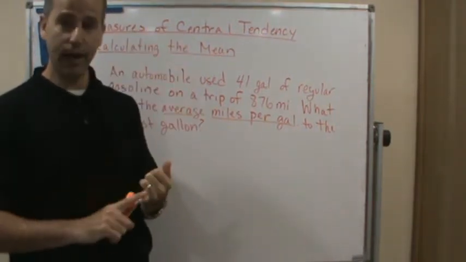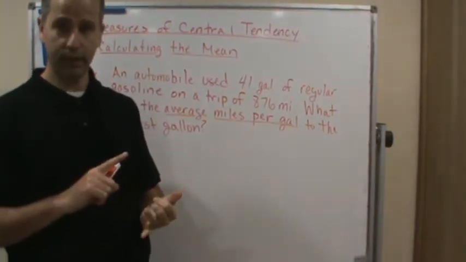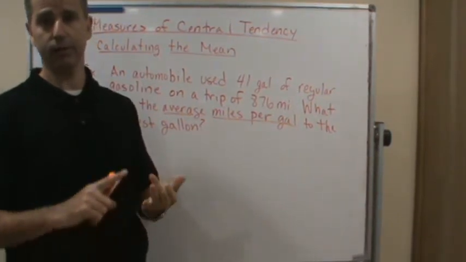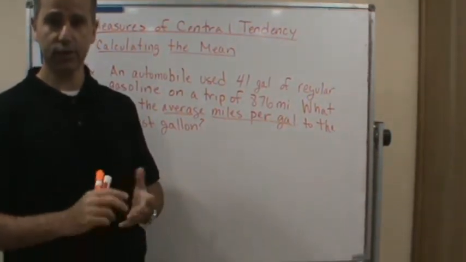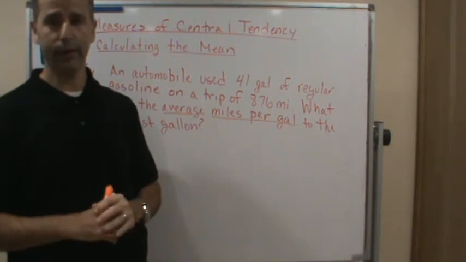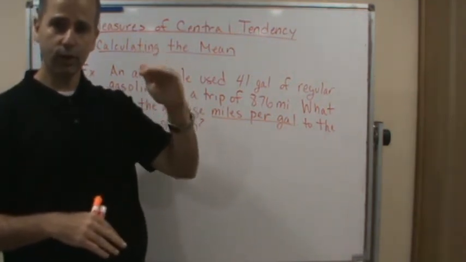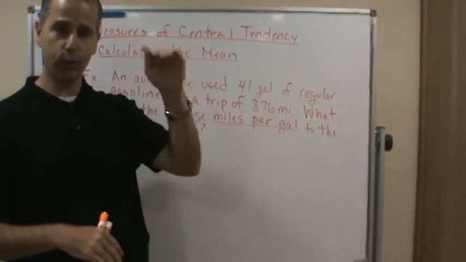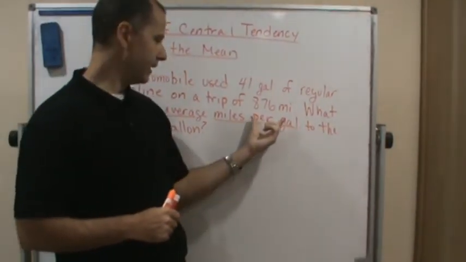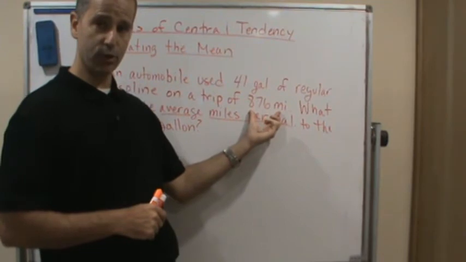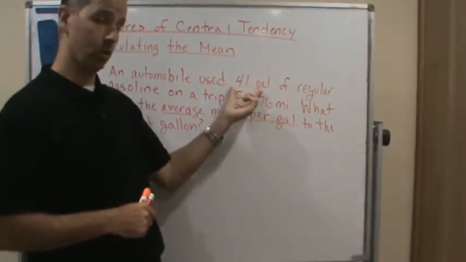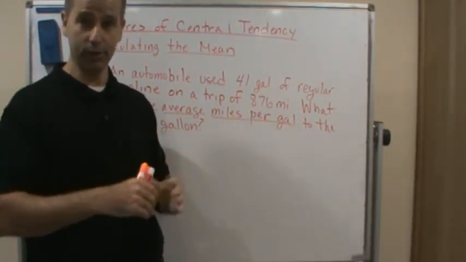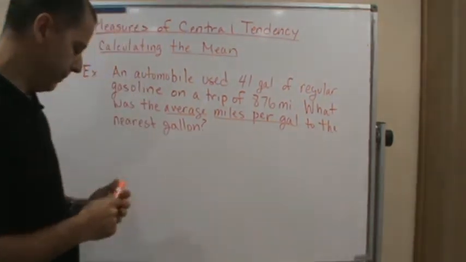It depends on how fast you're going, the stop and start, road conditions. That all plays a part, so your miles per gallon goes up and down over your trip. By dividing the total number of miles on your trip over the total number of gallons, we get an average. So let's do that.